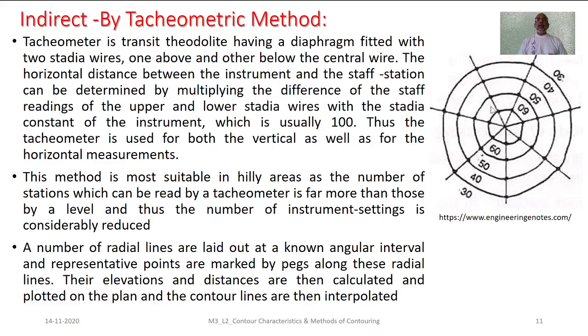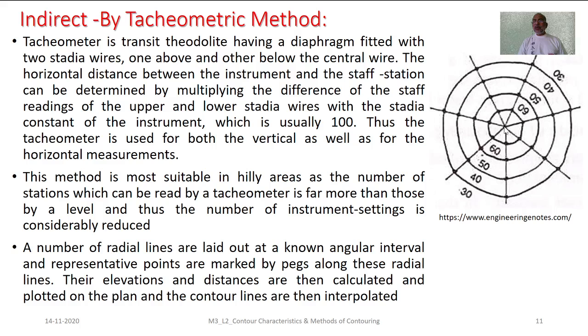One more method is the tacheometric method. So the way you see here, we are making use of a tacheometer placed at the center, and instead of making use of regular squares or regular rectangles, here we are making use of radials placed at some convenient angular interval.